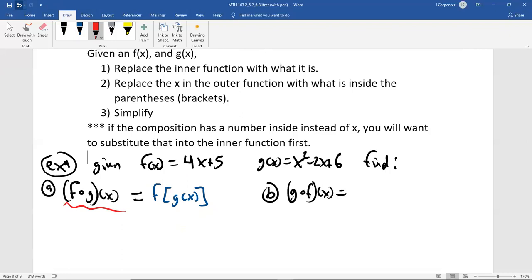So you actually process these in a right to left manner. And that's what feels weird to a lot of people at first. You do the g of x, then you do the f of whatever it says. Conversely, for g of f of x, this would be g bracket f parentheses x, which would be read out loud the exact same way: g of f of x.